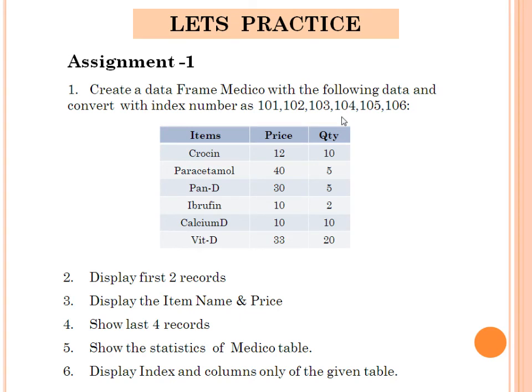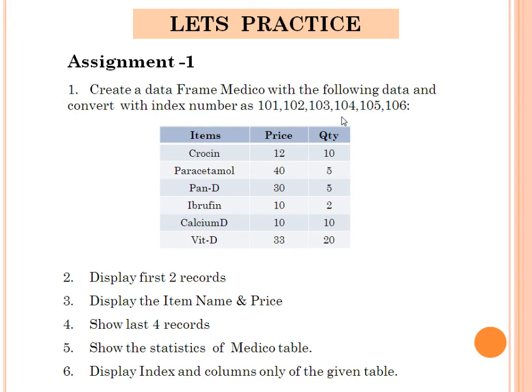Next, display first two records. So children, think which method is going to be used here. Display the item name and price. So think how you can display the item name and price, and write a single command.